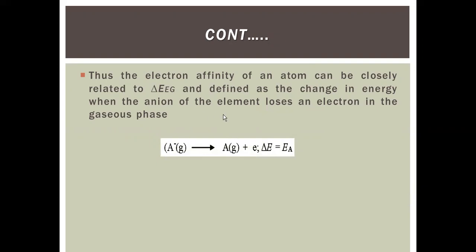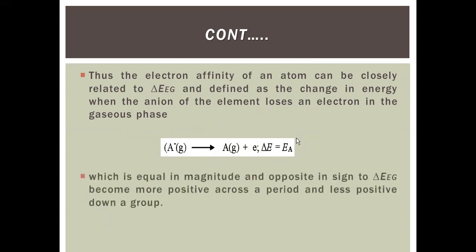Here an atom accepts an electron, forming the anion, and the reverse forms the gaseous state of the atom. That is called electron gain energy. The electron affinity has equal magnitude and opposite sign to the electron gain energy.